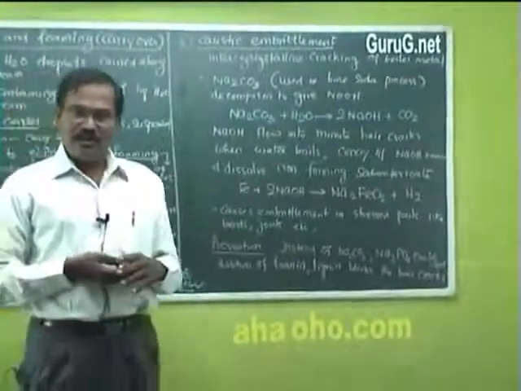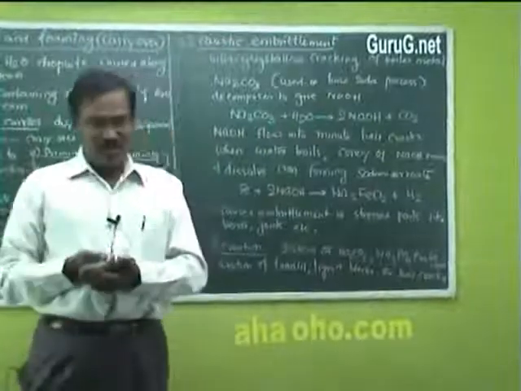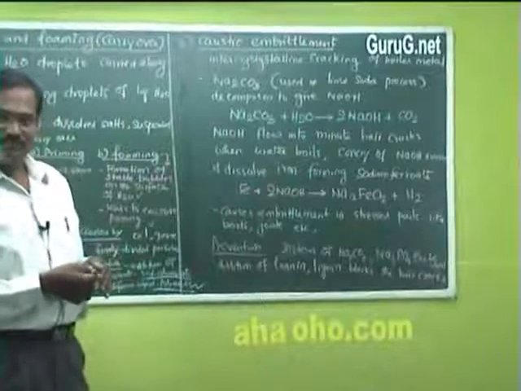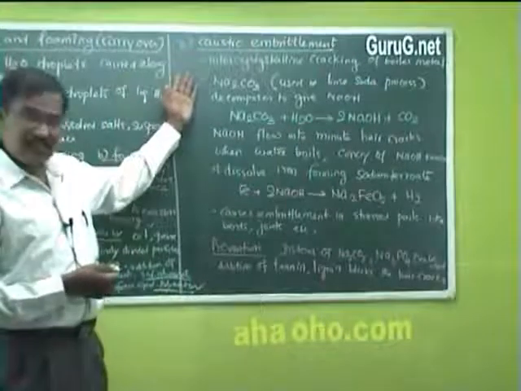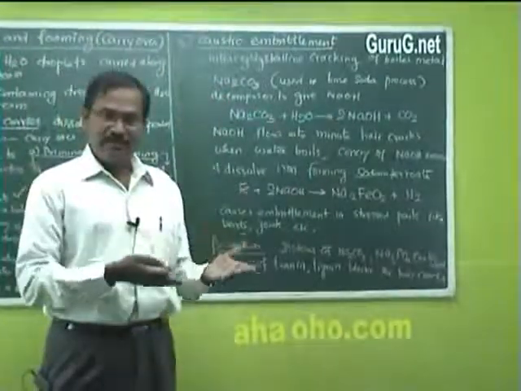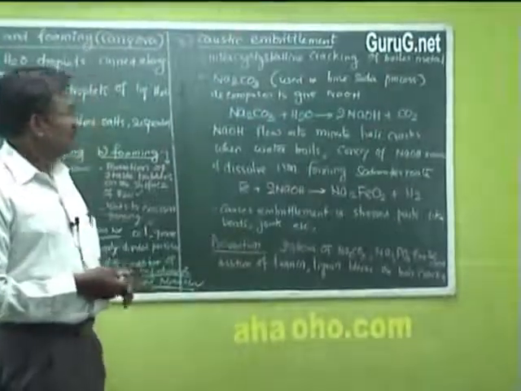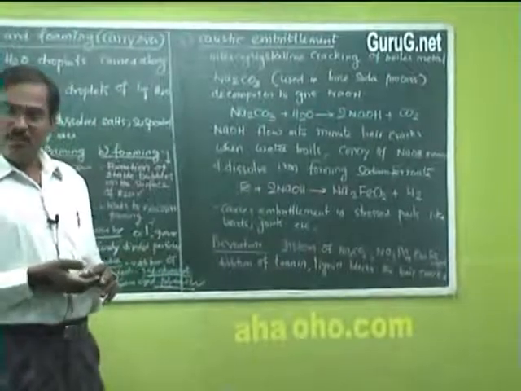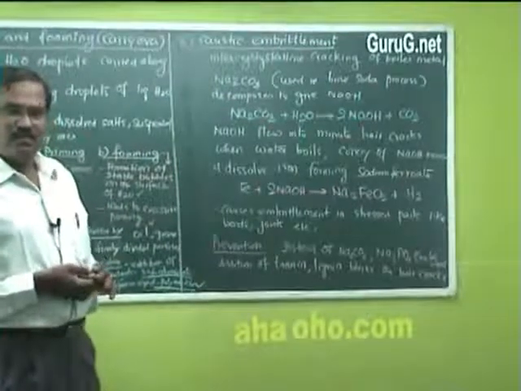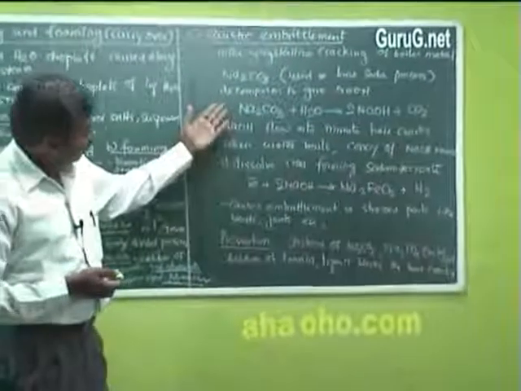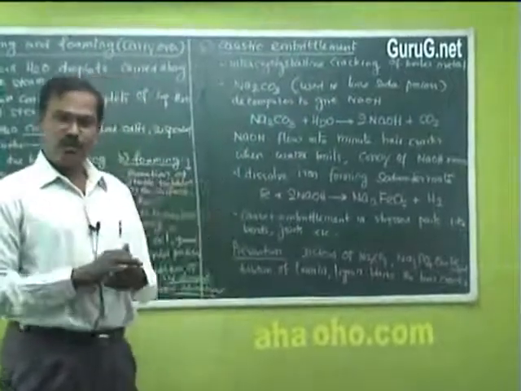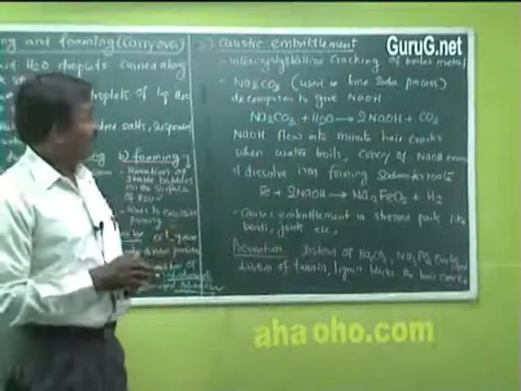The sodium carbonate used in the lime soda process may remain in the boiler feed water. So when water boils in the boiler, the sodium carbonate traces present in the boiler feed water decompose to give sodium hydroxide. So now there is no sodium carbonate in that boiler, we have sodium hydroxide.